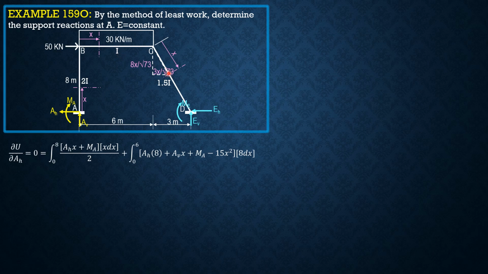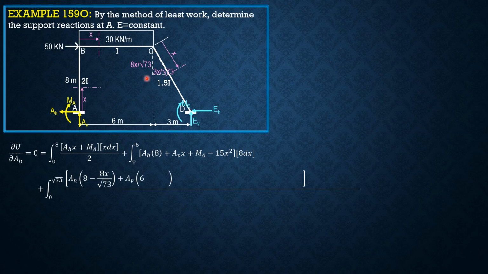And for the last segment, integral from 0 to square root of 73 of AH times quantity 8 minus 8x over square root of 73 plus AV times 6 plus 3x over square root of 73 plus MA, then plus 50 times 8x over square root of 73 minus 30 times 6 times quantity 3 plus 3x over square root of 73.